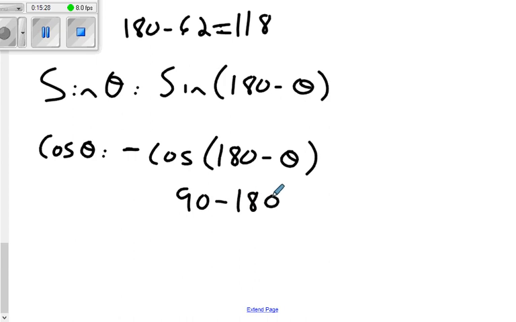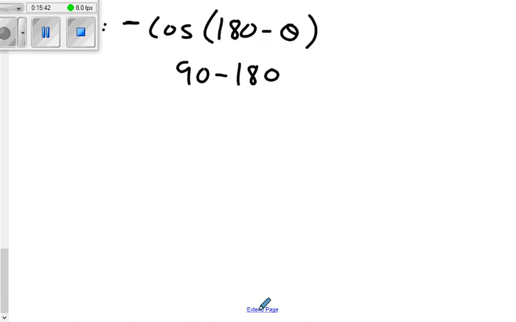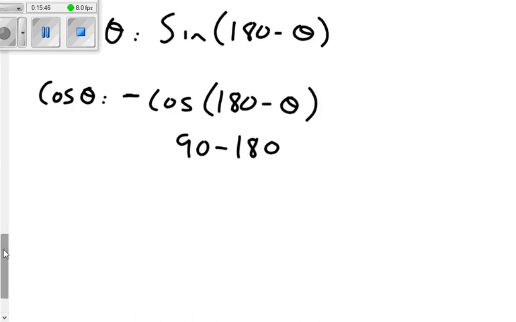Okay, so what that means, let's go with 30 degrees again. So let's do cosine 30 degrees.